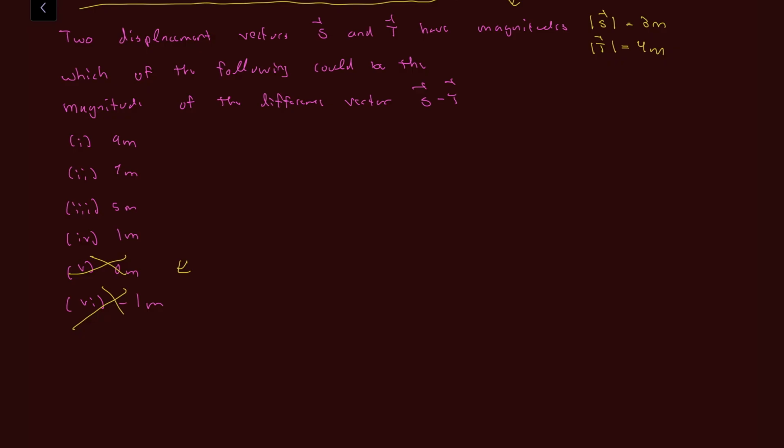Now, we're going to jump over to option number 1, 9 meters. Now, 9 meters, think about it. How can we get 9 meters from 3 meters and 4 meters? How can we get 9 when we only add 3 and 4?